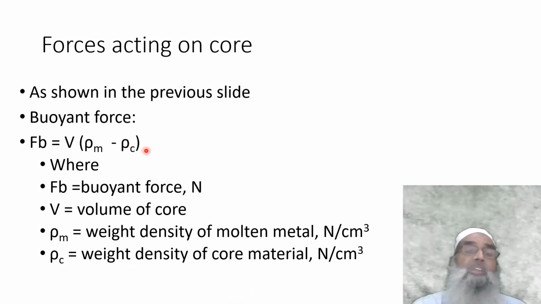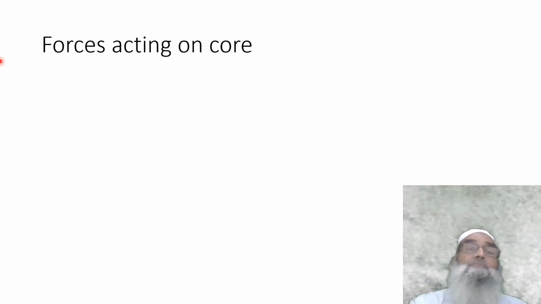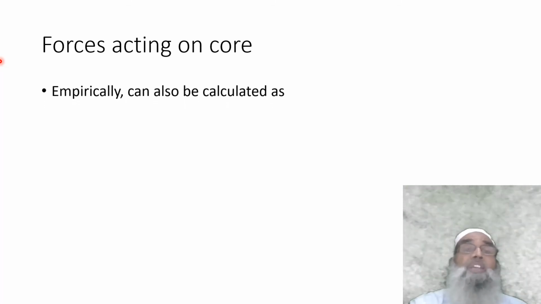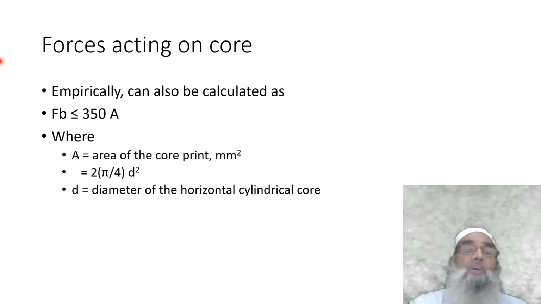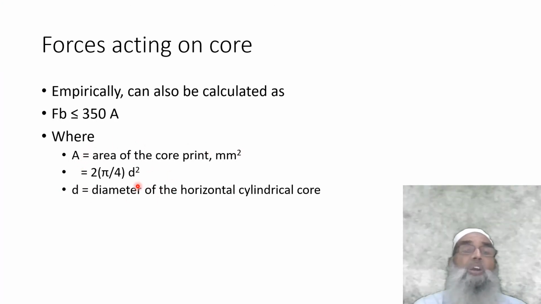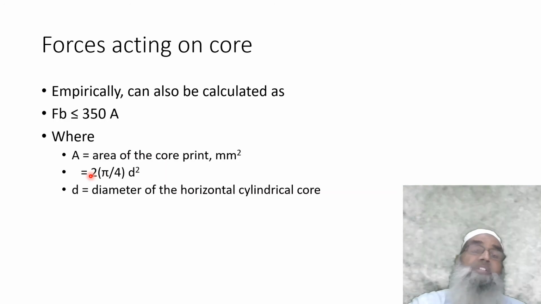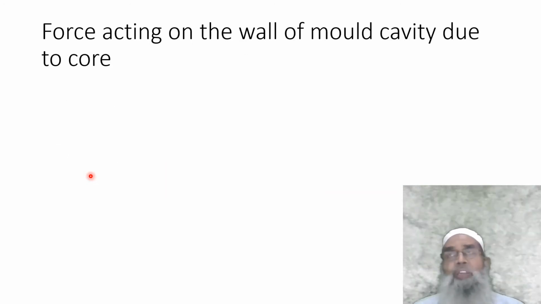This gives the total buoyant force acting on the core. The force acting on the core can also be calculated empirically by this equation, where A is the cross-sectional area of the core print.